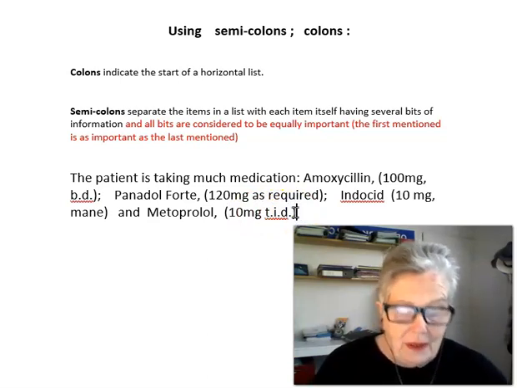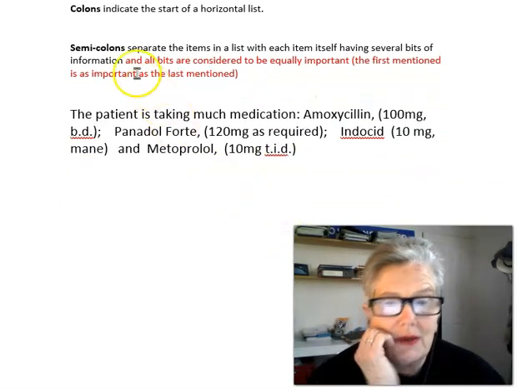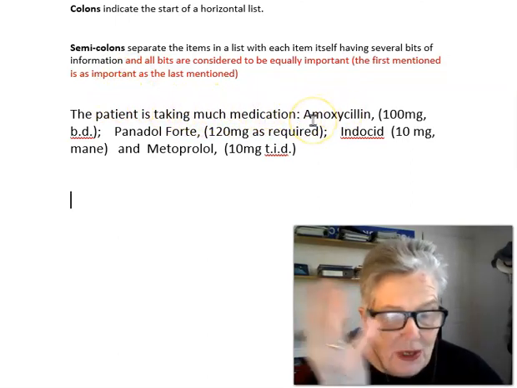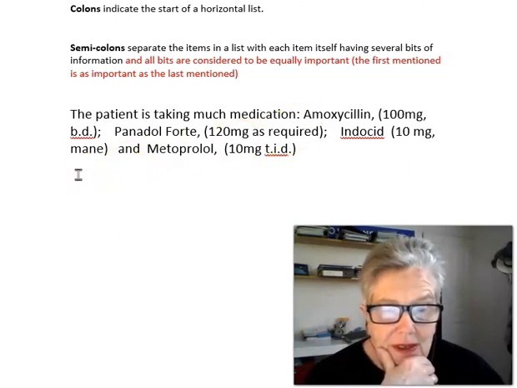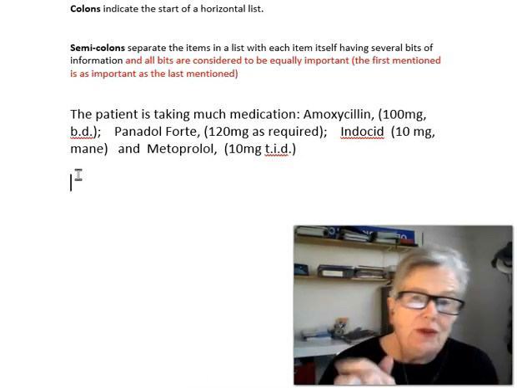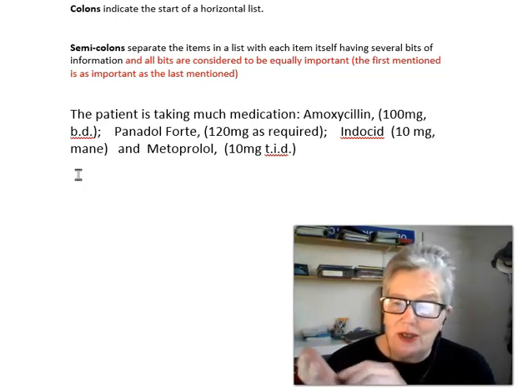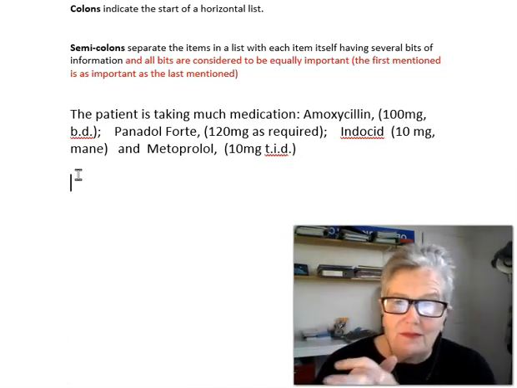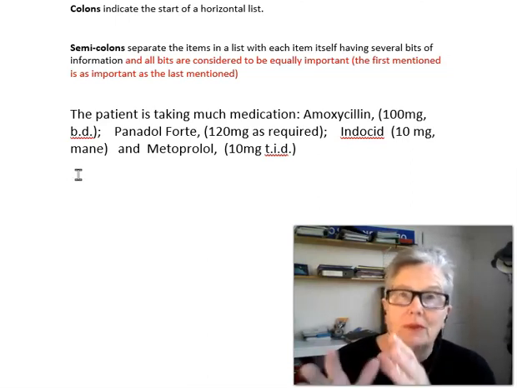Now, don't get too scared about using these things. They're really, really useful. So you've got the patient taking much medication, and then they could have 20, 30, 40 things in this list. Now, the value of doing it this way is in a very long consultation, when you've got many consultations itemised way back in 2000 and this patient started to come to see you, and they had all these problems, and this happened.